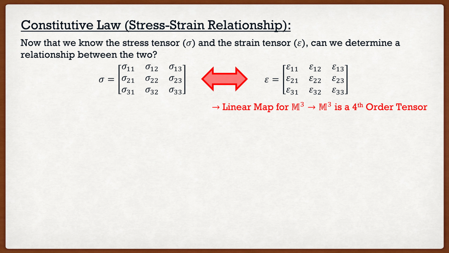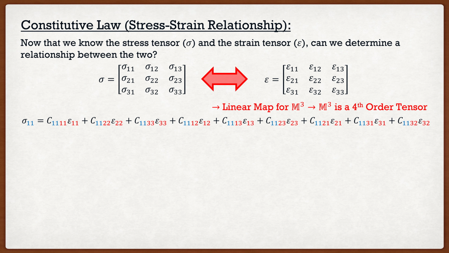So for instance, let's say that I wanted the stress component sigma 1,1. Well, a relationship for it, if I'm trying to relate it to the strain tensor, it'd be some constant times epsilon 1,1, plus some constant times epsilon 2,2, plus some constant times epsilon 3,3, etc., etc., etc. So if I'm trying to find the stress component sigma 1,1, there's going to be 9 constants all multiplied by the 9 different values of strain that we have.